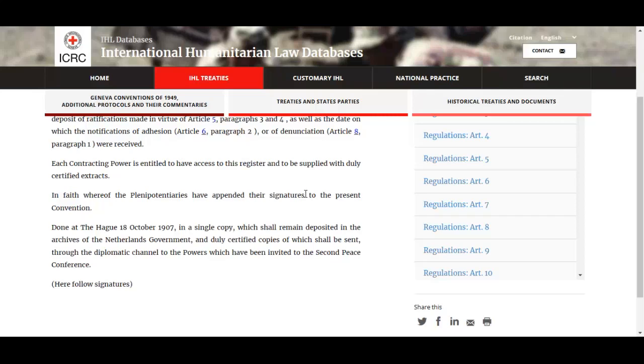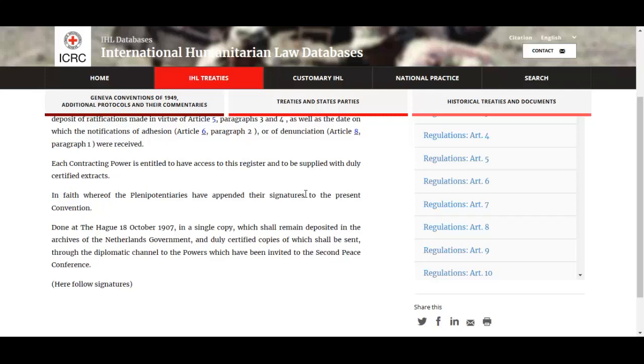It says, below Article 9, in faith whereof the plenipotentiaries have appended their signatures to the present convention, done at The Hague, the 18th of October, 1907, in a single original, which shall remain deposited in the archives of the Netherlands government, and of which duly certified copies shall be sent through the diplomatic channel to the powers invited to the second peace conference.